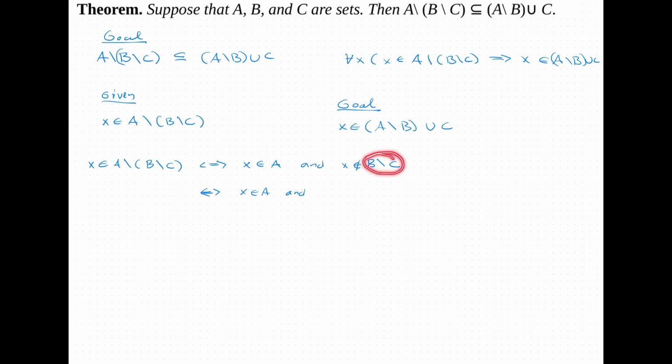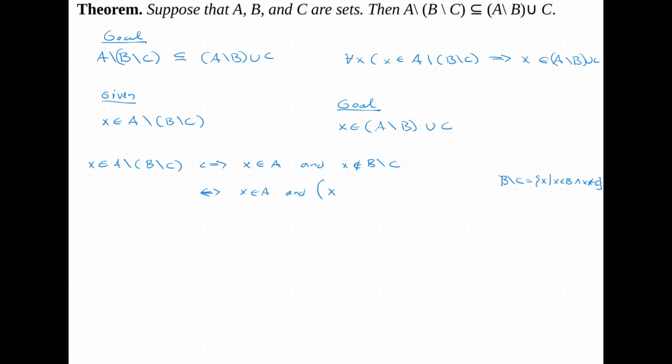So the definition here is, for B minus C, this here is the set of x's such that x is in B and x is not in C. So if we were not to be in B minus C, that means that x cannot be in B or x is in C. And so we can go ahead and write that in here.